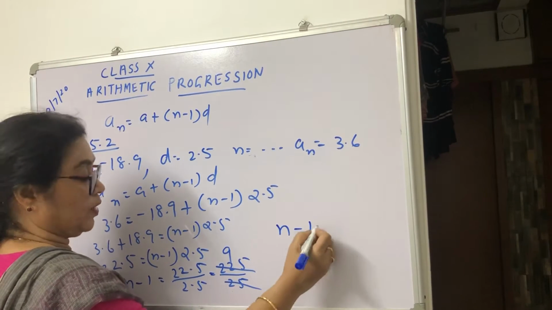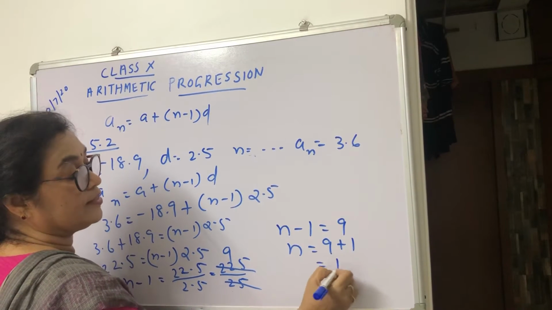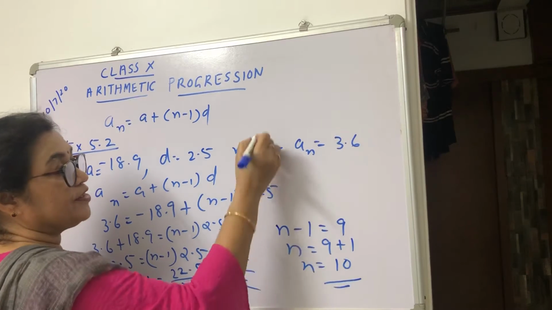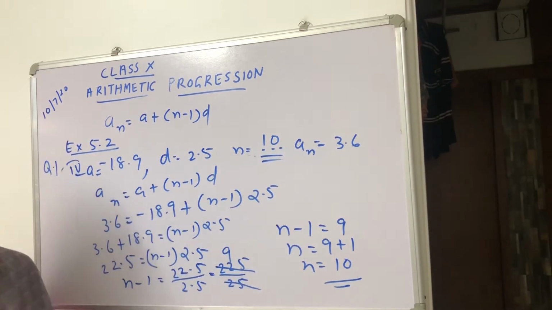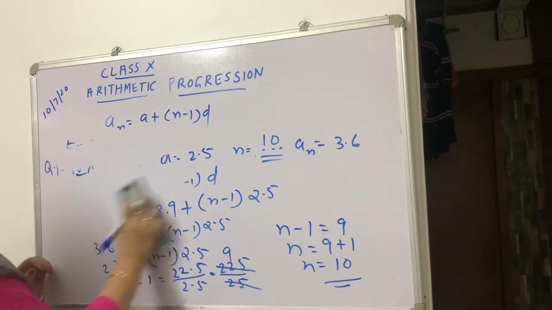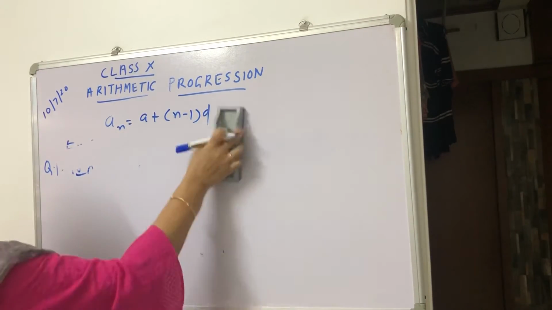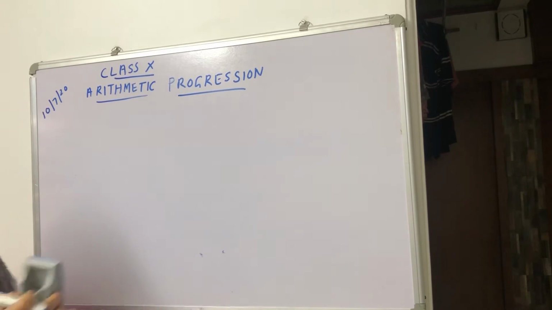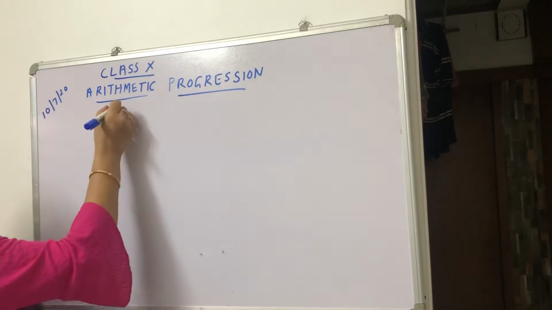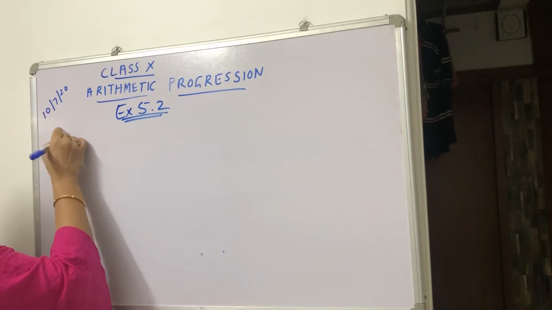So n minus 1 is 9. n is equal to 9 plus 1, which is 10. So the value of n is 10. You can fill in that n is equal to 10. Now question number 2.